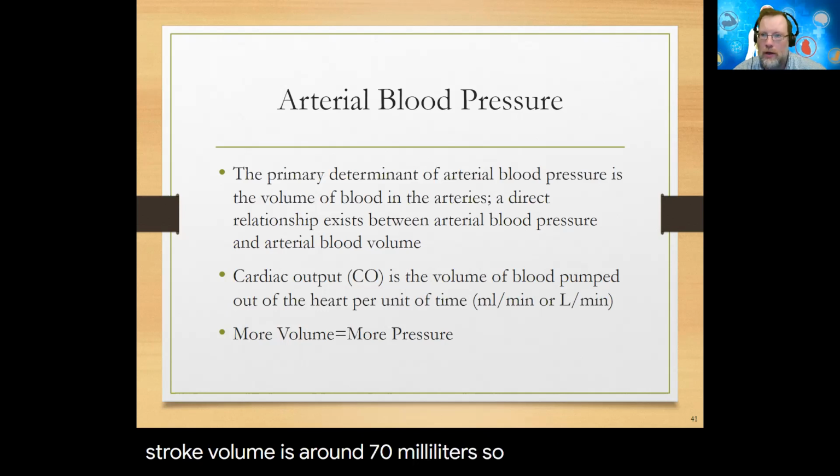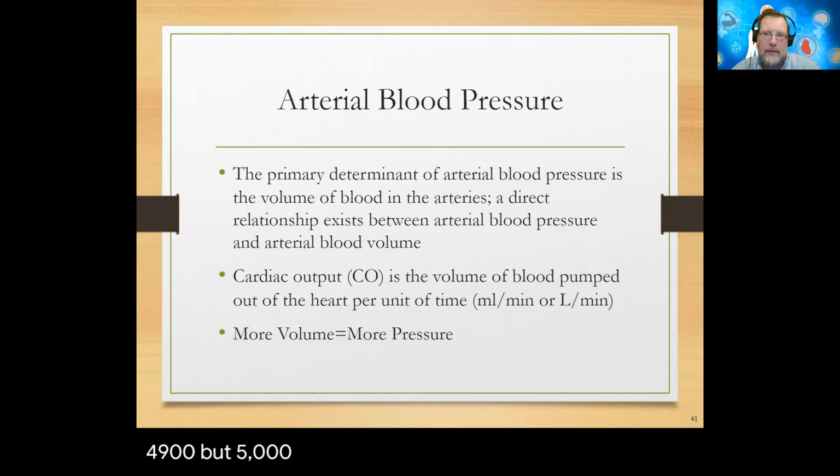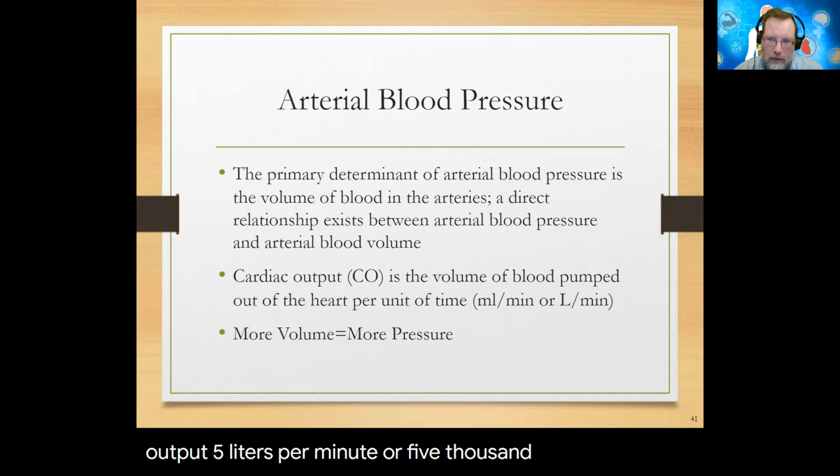So normal cardiac output is around 70 times 70, which is around 5,000. It's 4,900, but 5,000 is kind of the baseline number for cardiac output: 5 liters per minute, or 5,000 milliliters per minute.